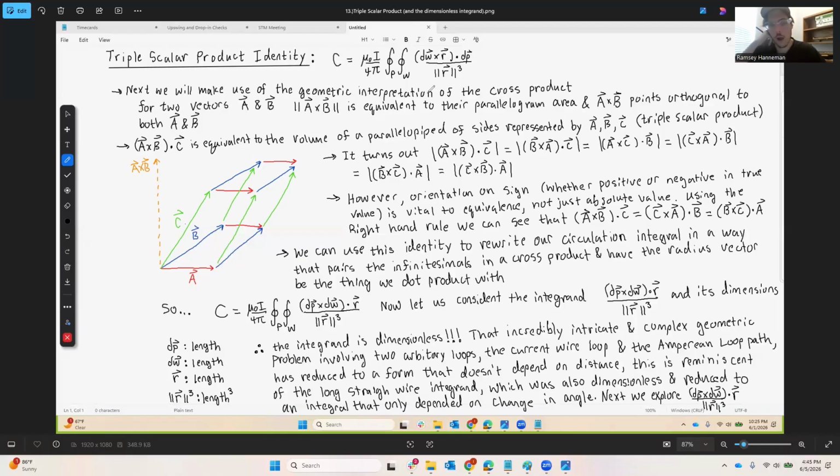And if it's anti-parallel, it's going to spit out a negative to the sum. Okay. So we're going to take this integrand and rewrite it like this, with the two infinitesimal elements sharing the cross product and the radius being the thing we're dotting with.